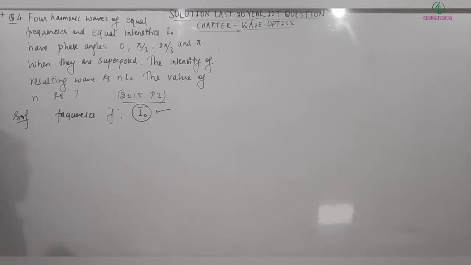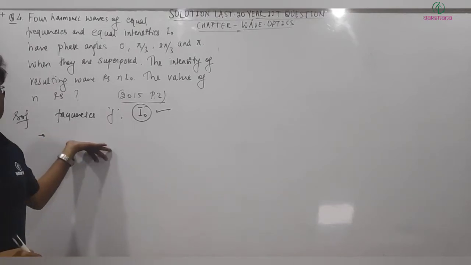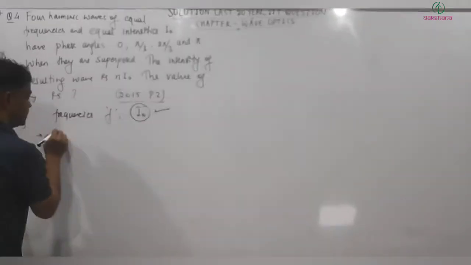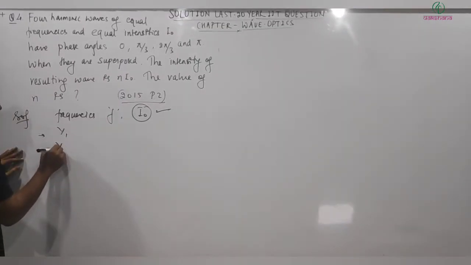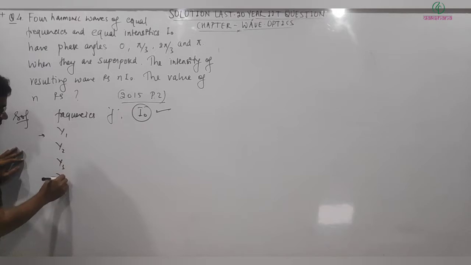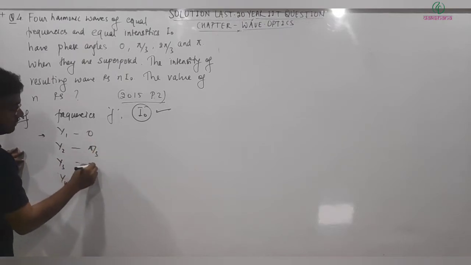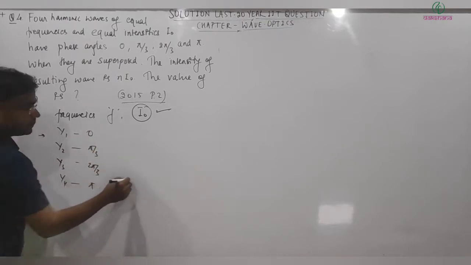The value of n is... this is basically a problem based on the superposition principle. Here, if I say the 4 waves are y1, y2, y3 and y4, their phase angles are 0, pi by 3, 2 pi by 3 and pi.